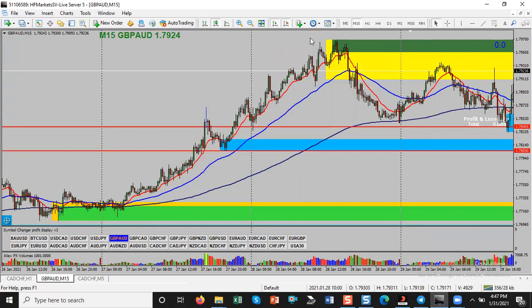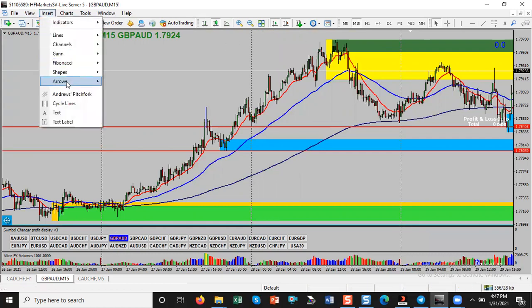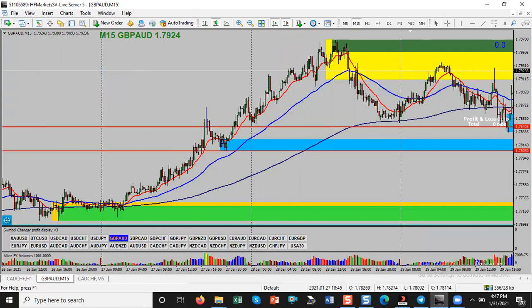Stop loss will be here, and your risk to reward ratio is either the supply zone that you will see above, or you use 1 to 2. So this is what you're looking at for your take profit. Yep.